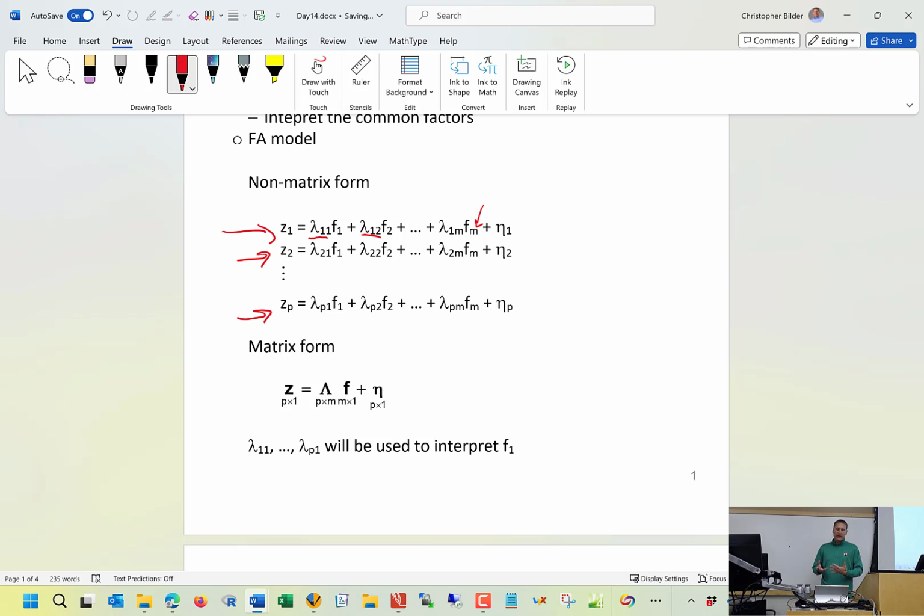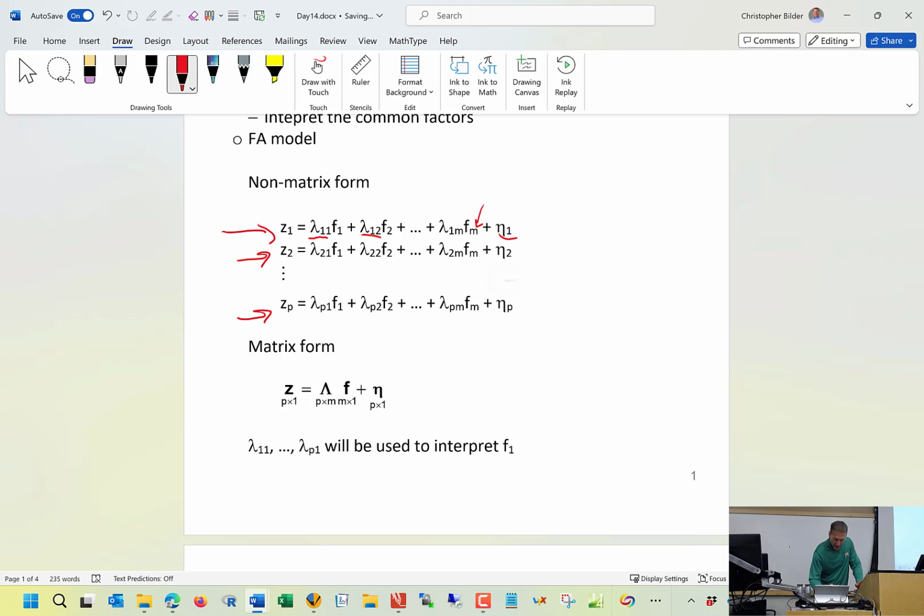So if lambda 11 was equal to 0, then that says that F1 does not have an effect on Z1. If lambda 11 was positive, it says that F1 has a positive effect. If lambda 11 is negative, it says that F1 has a negative effect. And also then the eta kind of plays the role of our epsilon, our error term, in a regression model.